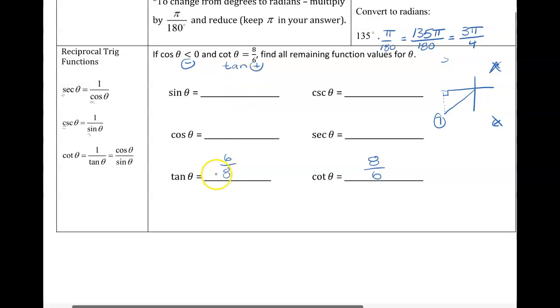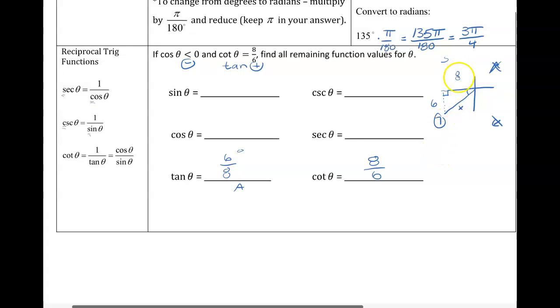So now we know that tangent is 6/8, my angle of perspective always being closest to the origin. If we do know tangent is opposite over adjacent, my opposite side being 6, the adjacent side being 8, we're back to having to find that third side and using our Pythagorean theorem.